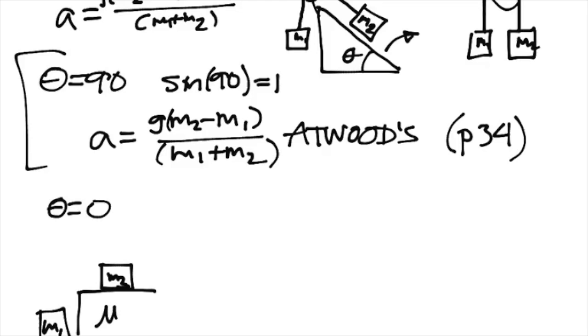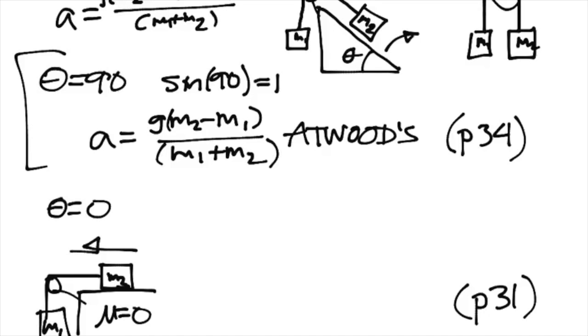And by the way, in the case of at least problem number 31, there's no friction. And so we've got our pulley on a stick, and the system is going to accelerate that way, downward, for sine of 0. And the sine of 0 is 0.